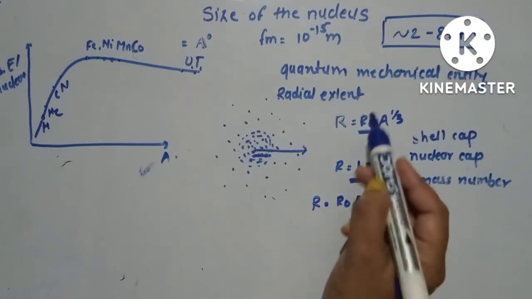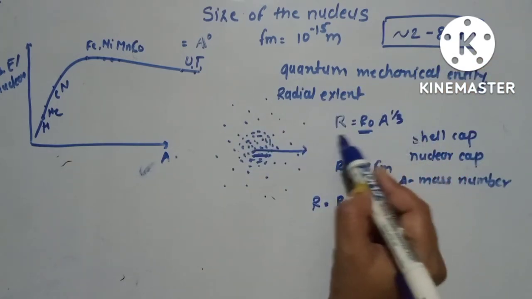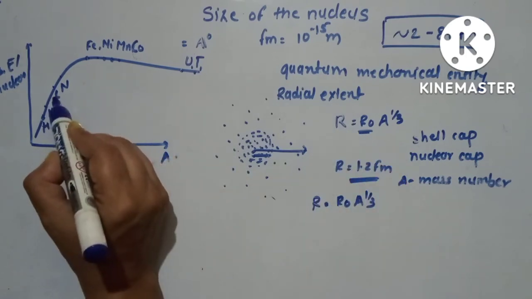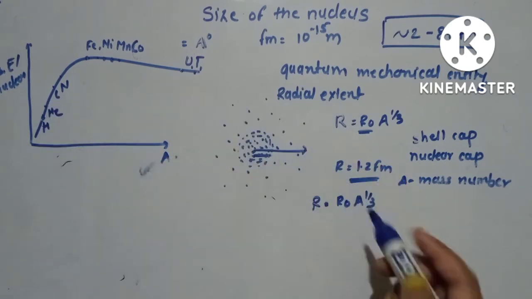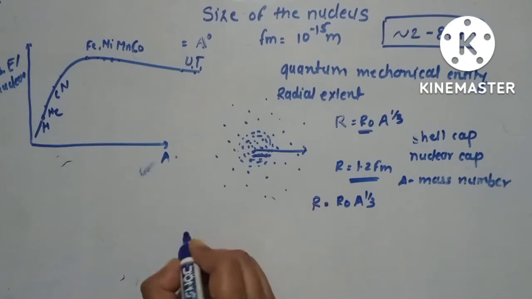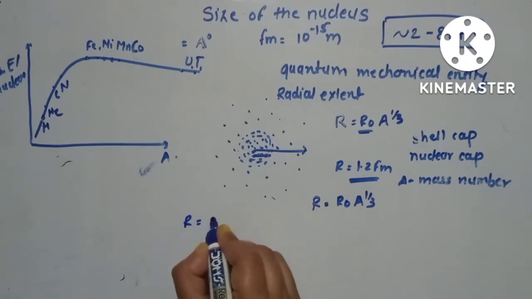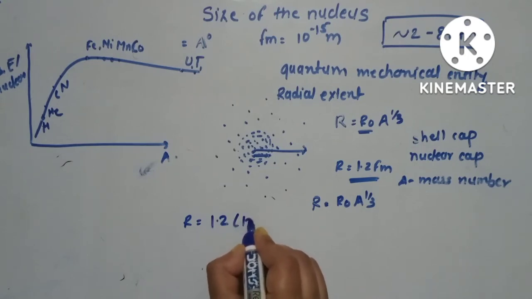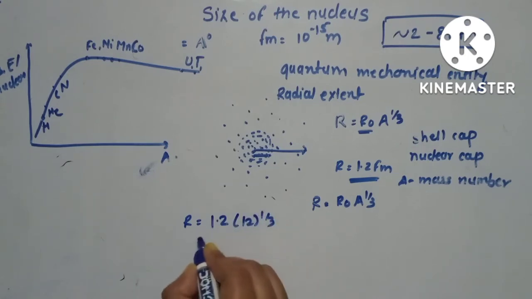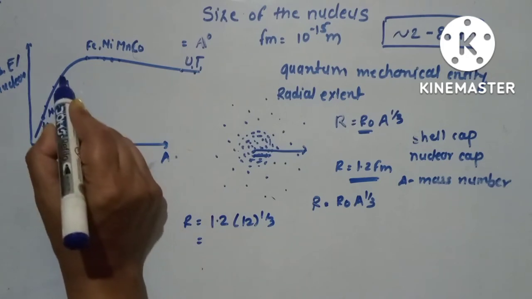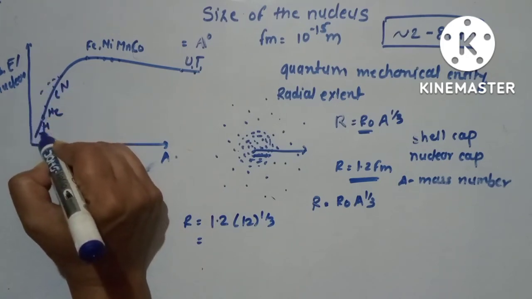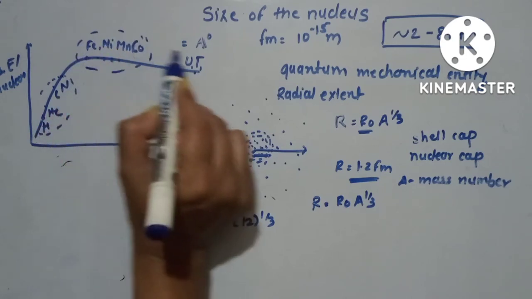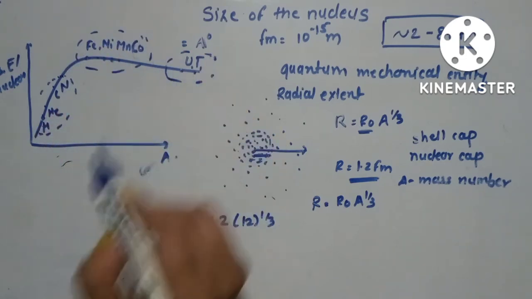If you try to calculate the radial extent of, suppose, carbon, we know that carbon has a mass number of 12, so R is equal to 1.2 femtometers, which is fixed, times 12 raised to 1 by 3. I will call these the lighter elements, these the medium weight elements, and these the heavy weight elements.